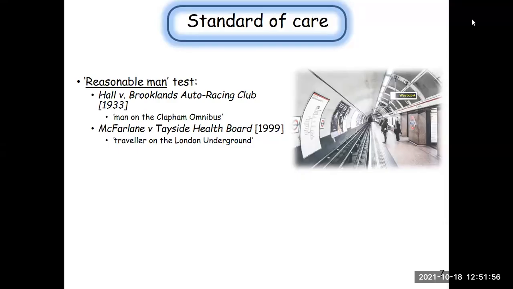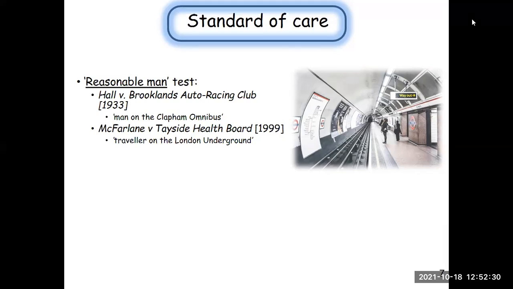You don't need to know the facts of this case, but there was a description given in that case that tries to tell us who this fictional reasonable man is, because the reasonable man is not a real person. It's a legal fiction, a legal test by means of which we decide whether or not a person's action was on the appropriate standard.